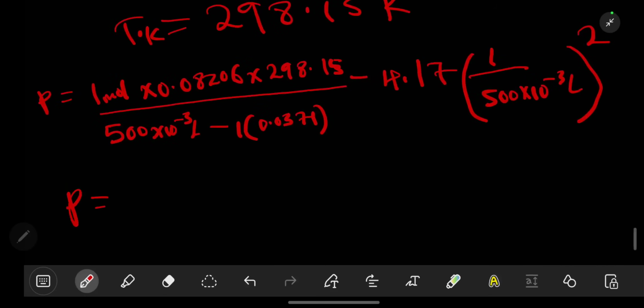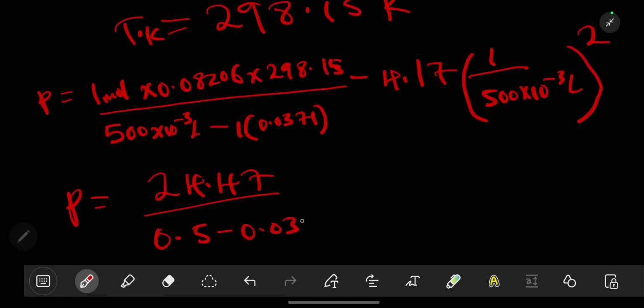So we have the pressure of 1 times 0.08206 times 298.15. On top we are going to have 24.47, divided by 500 times 10 to the power of negative 3. This is going to give us 0.5.